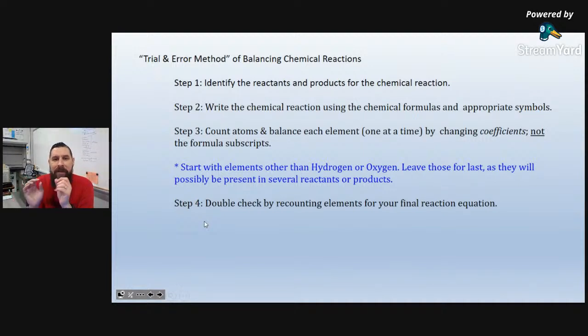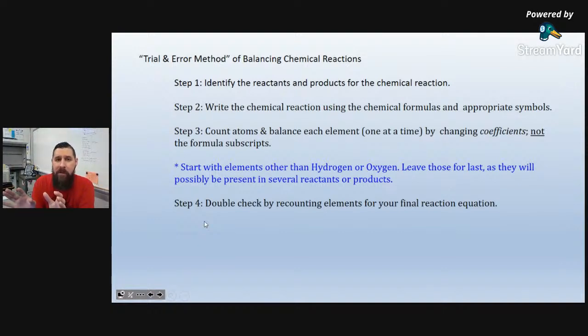In fact, leave those for last because quite possibly they're going to show up in multiple reactants and products. And if that's the case, and you balance oxygen in the first substance, and then you go and balance a different element, it may throw your number of oxygens off, and then you have to repeat the process. So we typically save hydrogen and oxygen for last, if at all possible.